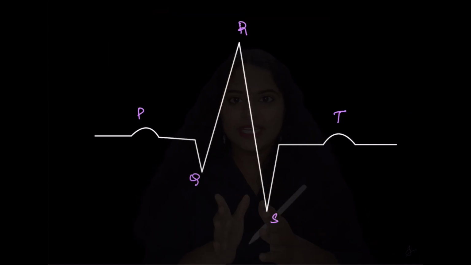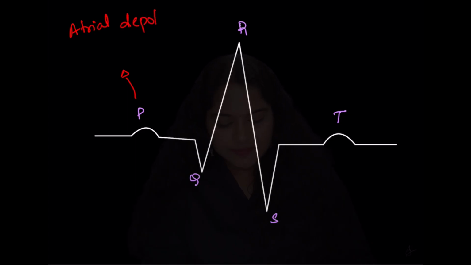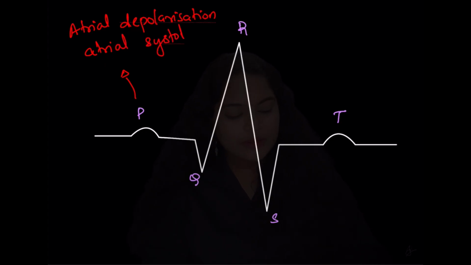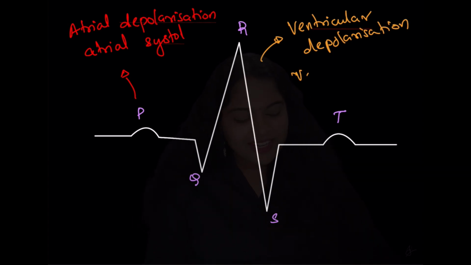Now we'll see the explanation of the graphical representation. The P wave here represents atrial depolarization, that is the atrial systole. The QRS complex represents the ventricular depolarization, or ventricular systole.